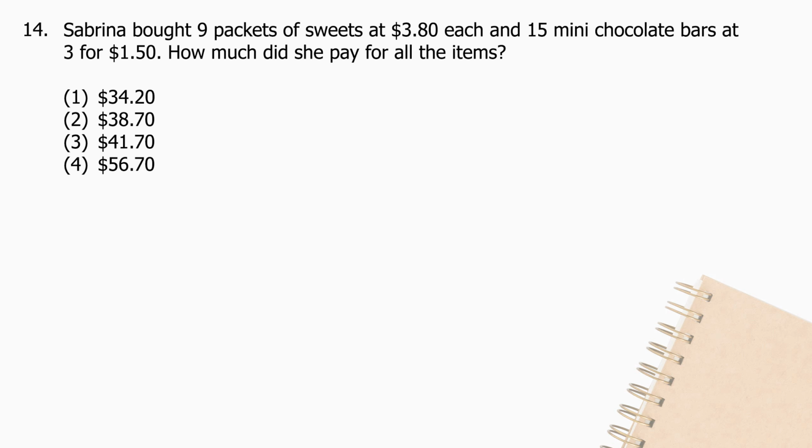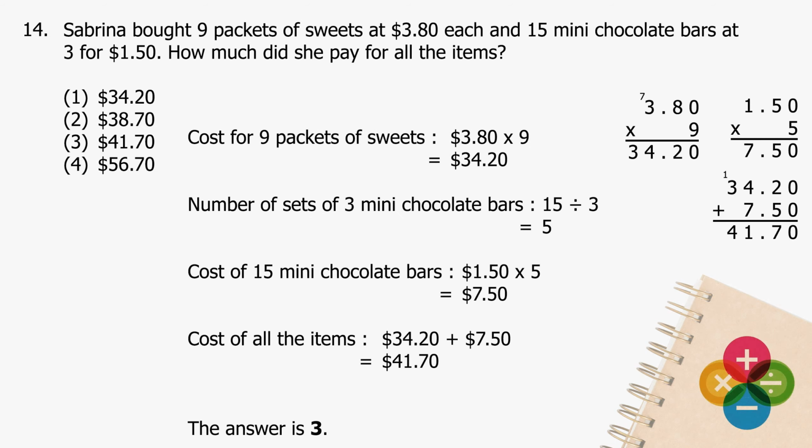Question 14. Sabrina bought 9 packets of sweets at $3.80 each, and 15 mini chocolate bars at 3 for $1.50. How much did she pay for all the items? The cost for 9 packets of sweets will be: multiply $3.80 by 9, and the product is $34.20.